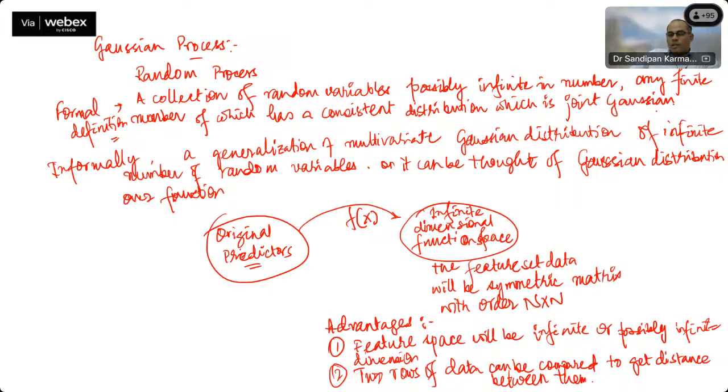What does this mean? Now I am going to discuss it. How many of you have heard of k nearest neighbor kind of regression?